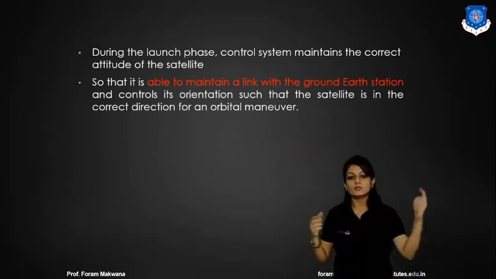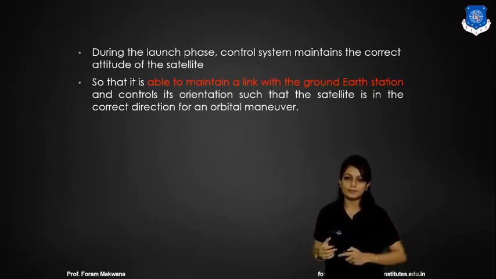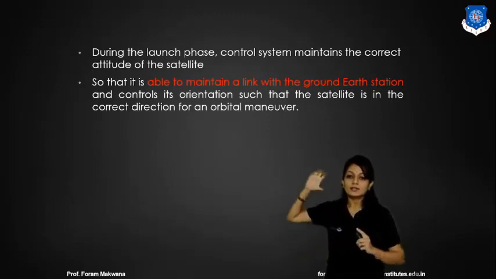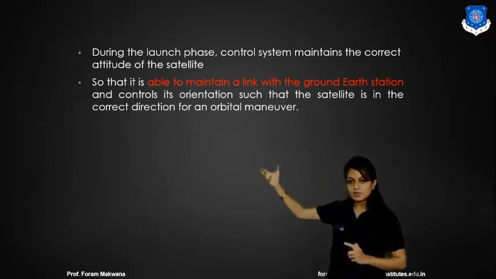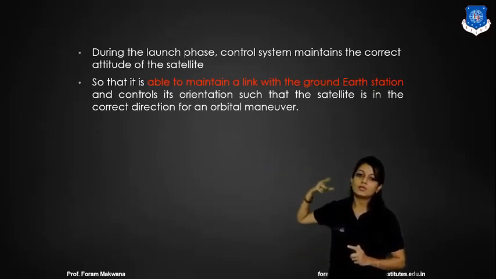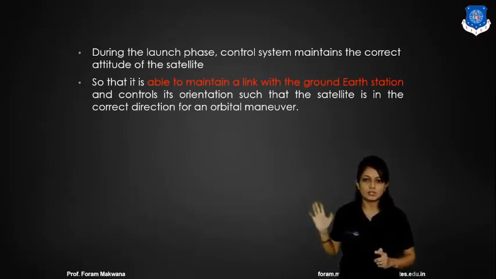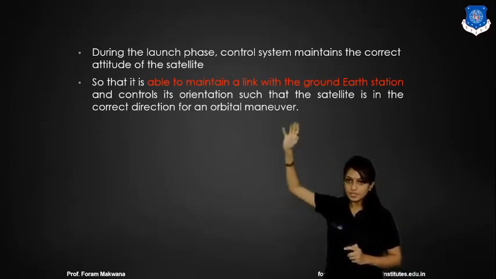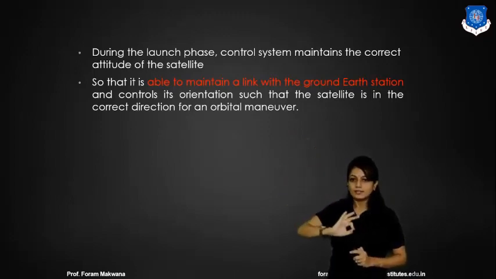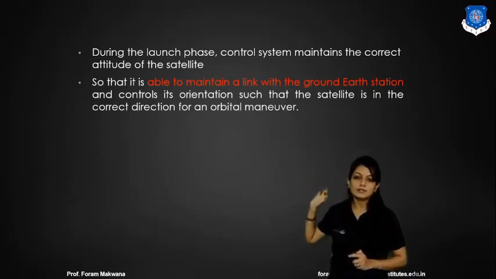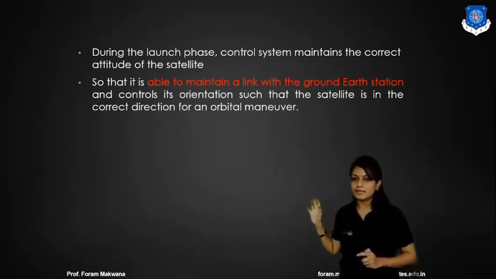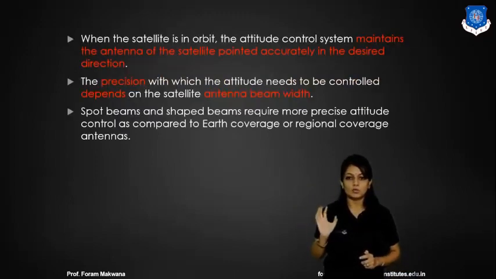That means it must follow the same orbit to provide the different images from the Earth and to get the data from the Earth station. Okay? So we need to control its orientation in such a way that my satellite is in the desired direction, the correct direction for the magneto.